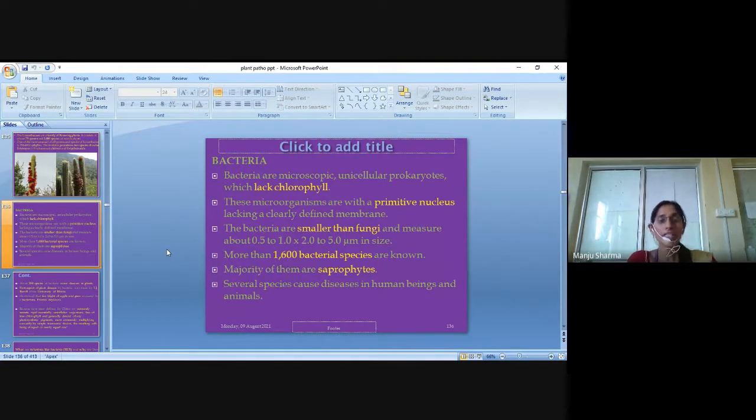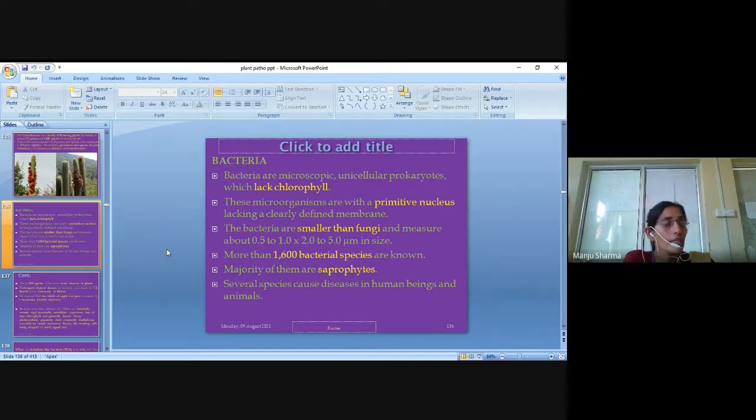After that, bacteria. Bacteria are microscopic unicellular prokaryotes which lack chlorophyll. These microorganisms have a primitive nucleus lacking a clearly defined membrane.